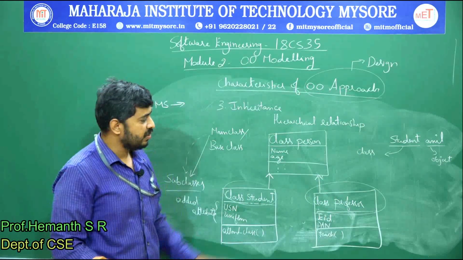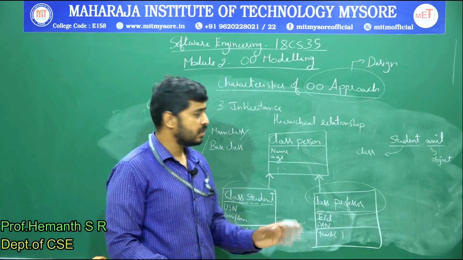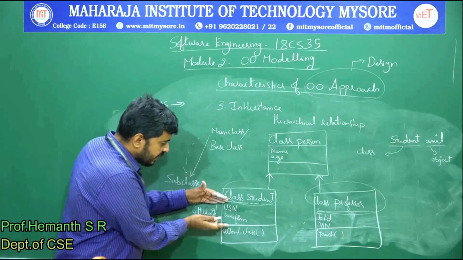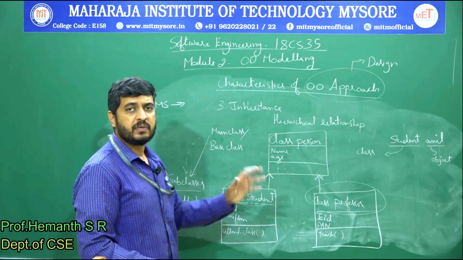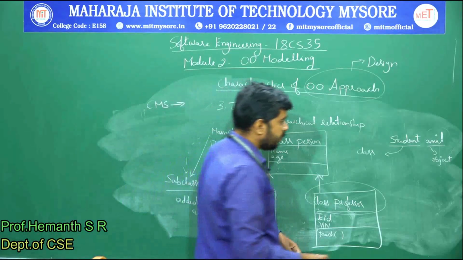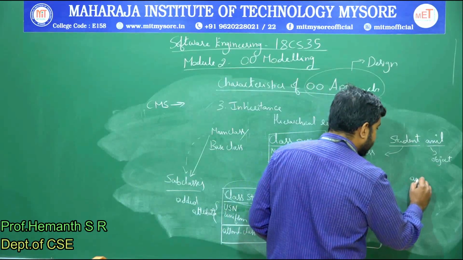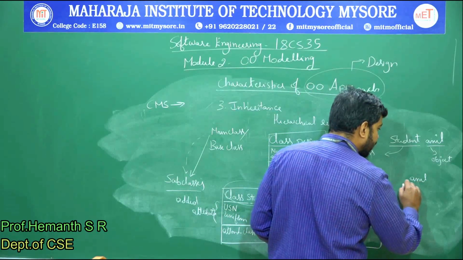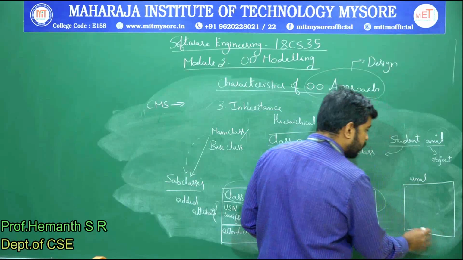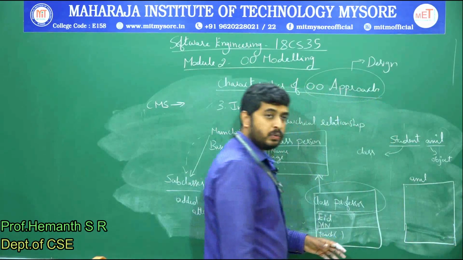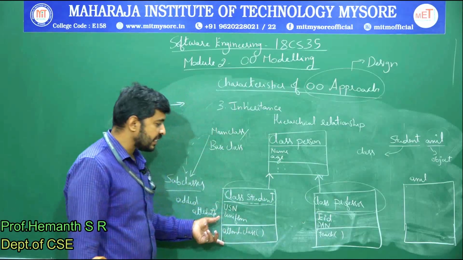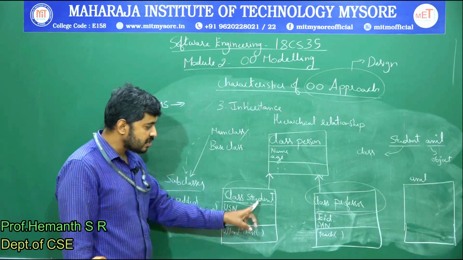As explained previously, once you create an object for a class, whatever attributes and operations are there will be automatically taken by the object. For example, the Anil object will take whatever attributes and operations are there in the class student.